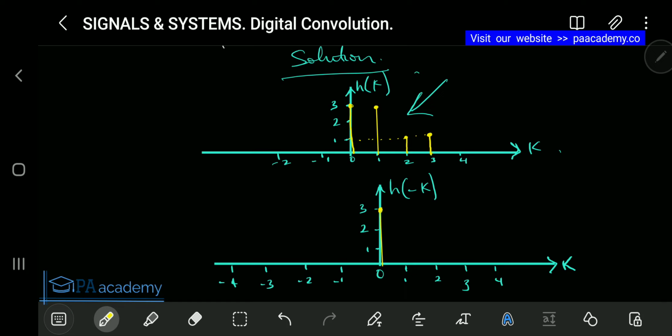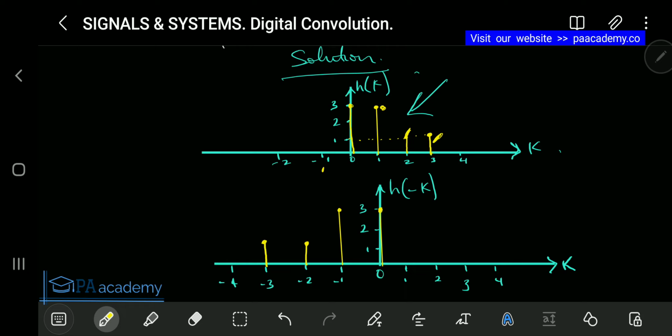Now for this particular one, by the time you flip it, it will be on minus 1. The amplitude will remain the same. Then for this now, if you flip it, it will be on minus 2 rather. The amplitude will still remain the same. And then for this now, if you flip it, remember it is on 3, it will come on minus 3. The amplitude will remain the same.